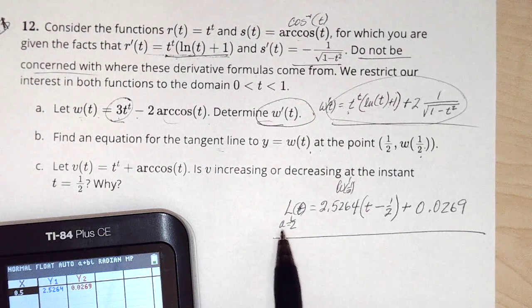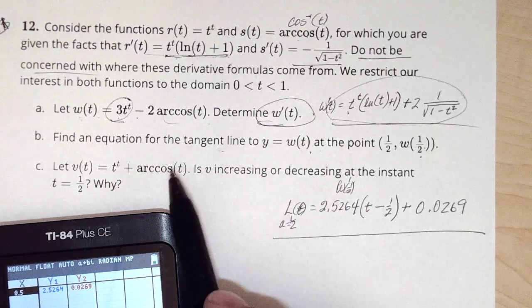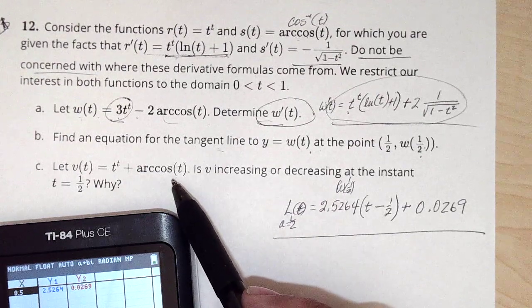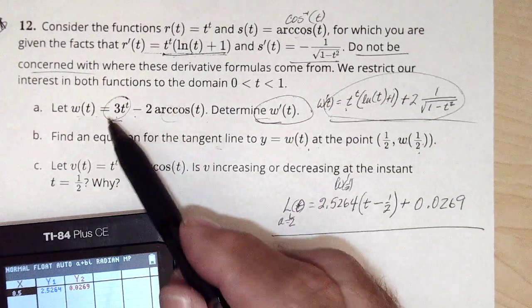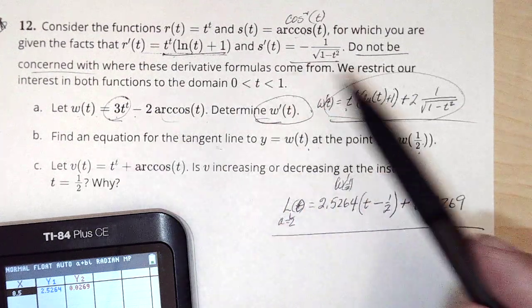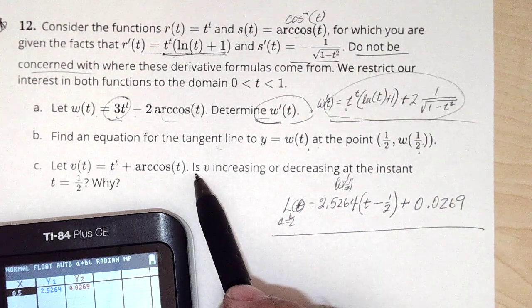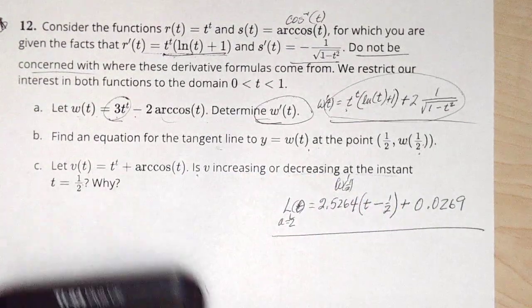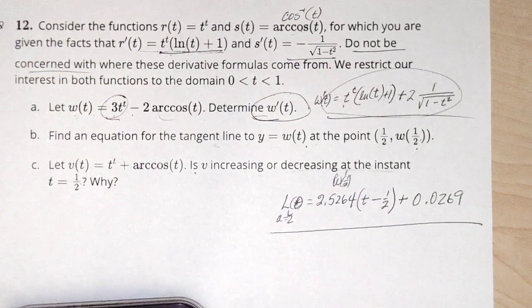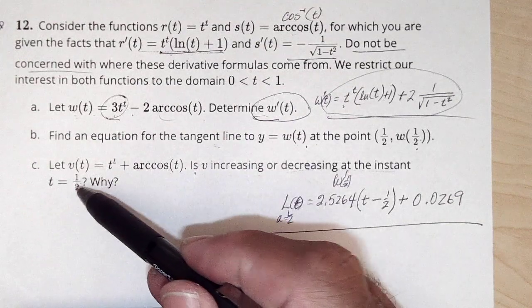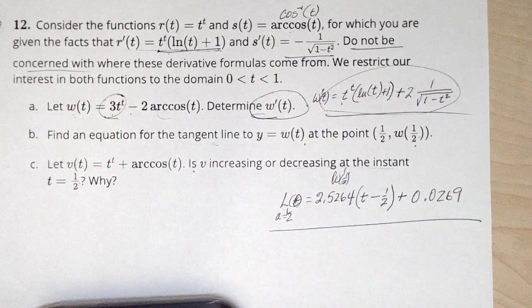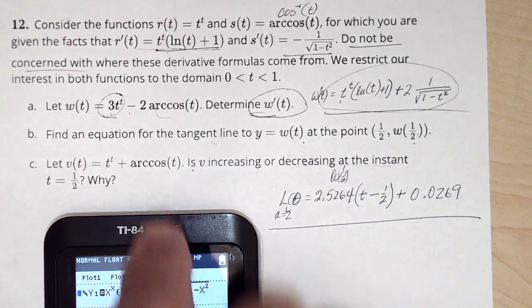And if v of t is almost the same, it doesn't have the 3 and it doesn't have the minus 2, is v of t increasing or decreasing at 1/2? So now we got to do a whole nother one and find out what happens at 1/2. So we really don't need to know what it is.